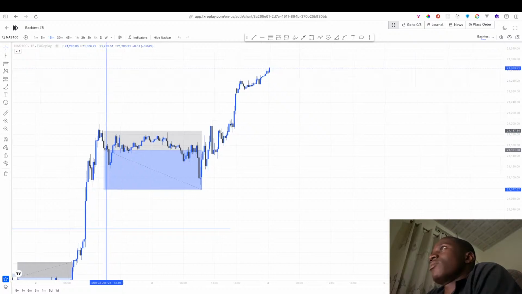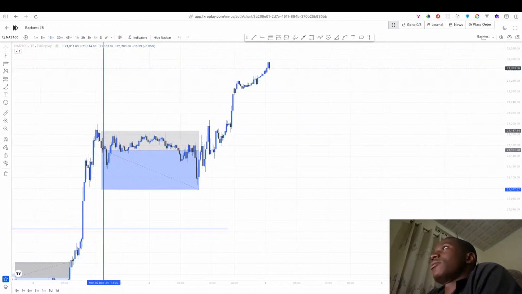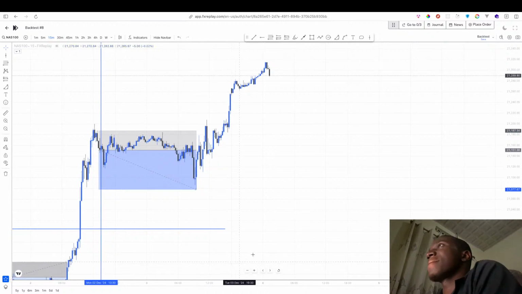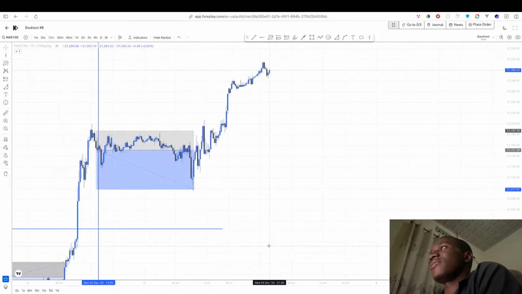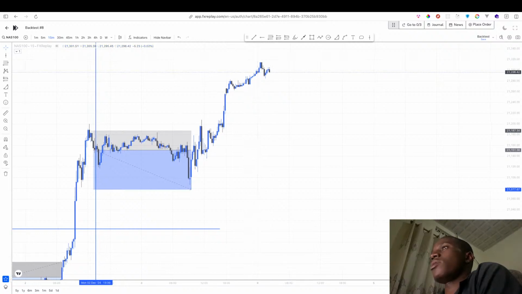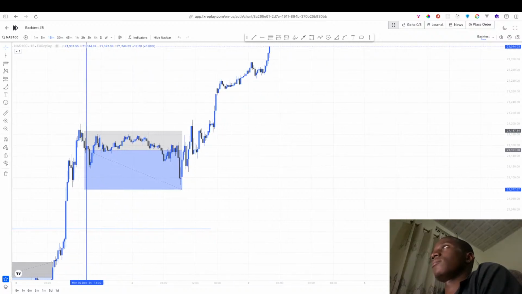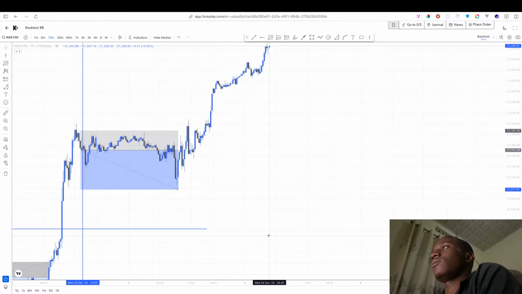Seriously, these moves won't get us to run. Okay, you can see it's starting to go over. It's going up now.